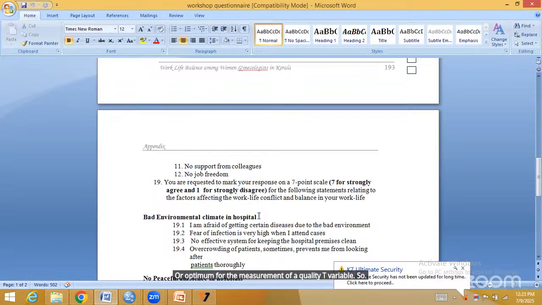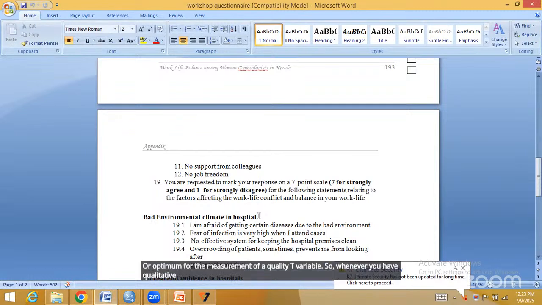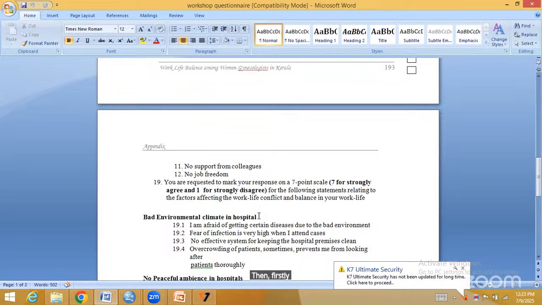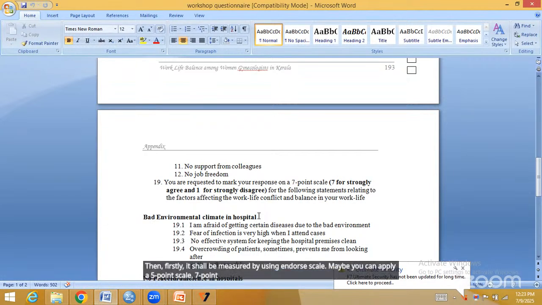So whenever you have a qualitative variable to be included in your questionnaire, firstly, it shall be measured by using interval scale. Maybe you can apply a 5-point scale, 7-point scale, or a maximum score.